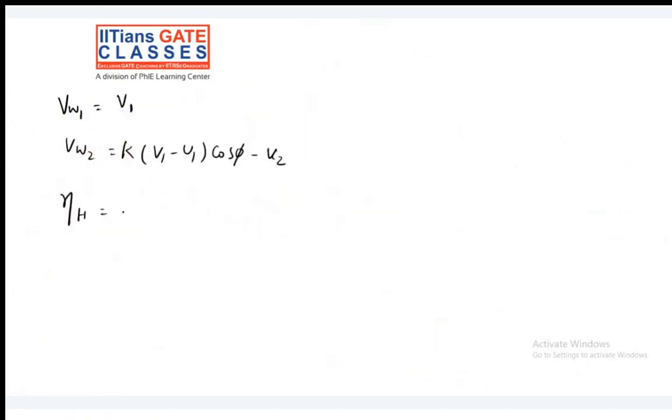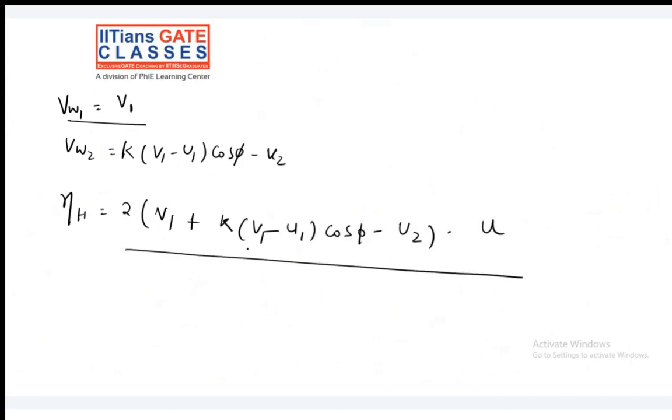So this will become 2 times of (V1 plus K times (V1 minus U1) cos phi minus U2) multiplied by U, divided by V1 square.